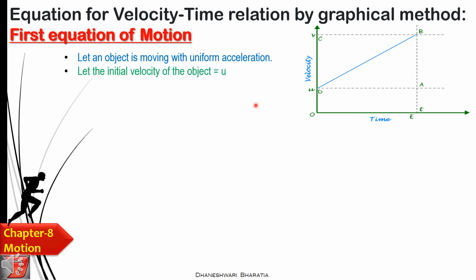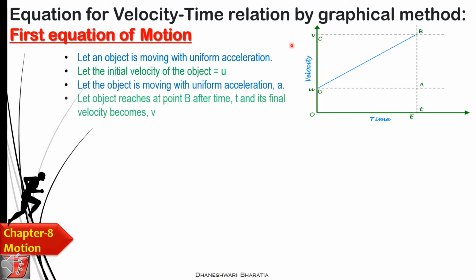Now let's assume that the initial velocity of the object is u and it has traveled a certain distance and the final velocity will become v. Fine. And it is moving with the uniform acceleration a. And the object is reaching point B after a certain time, and that time is t.